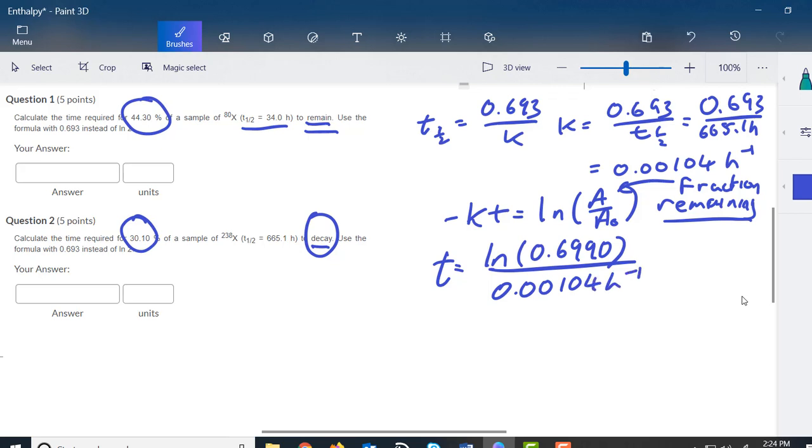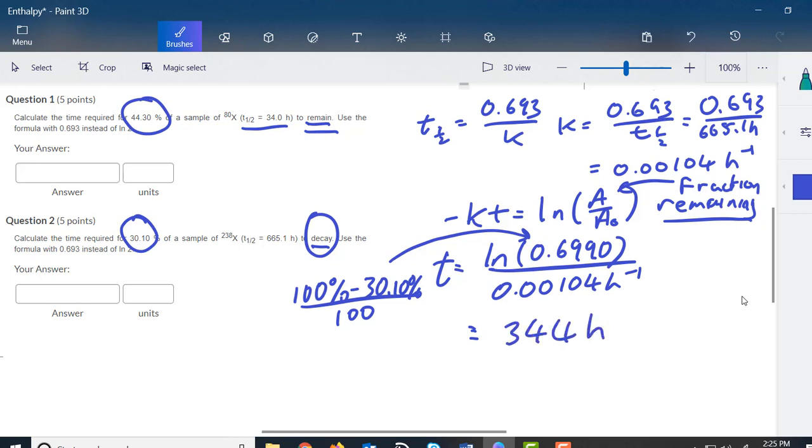So the way I get this 69.9 or 0.6990 is 100% minus 30.1%, and then divide that by 100, and that will allow me to get that decimal there for the amount that's actually remaining. So 30.1% has decayed. That means there's 69.9% remaining. And once we do that calculation, it comes out to be 344 hours.